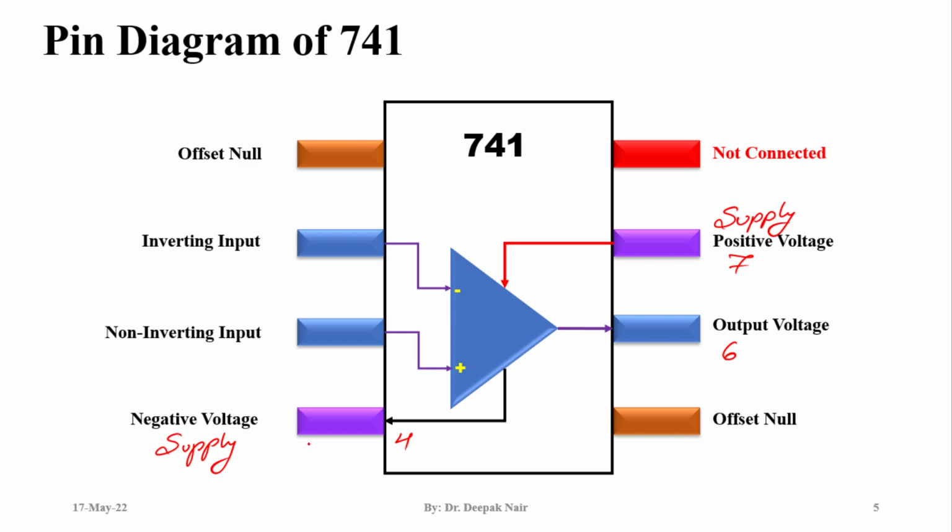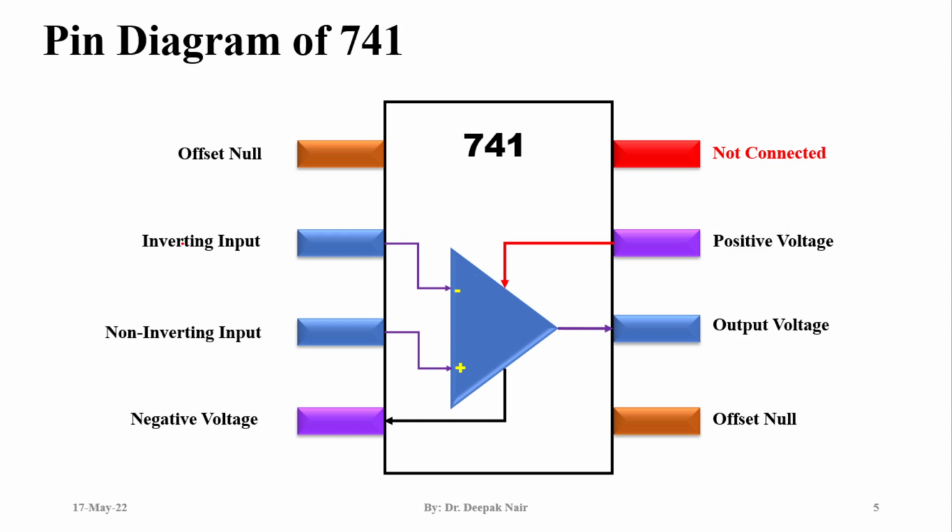So pin number 4 and 7 are supply voltages: 4 is negative, pin number 7 is positive. Pin number 8 is left unconnected, or not connected to any particular pin or voltage. So this is how the pin diagram of the op-amp looks.